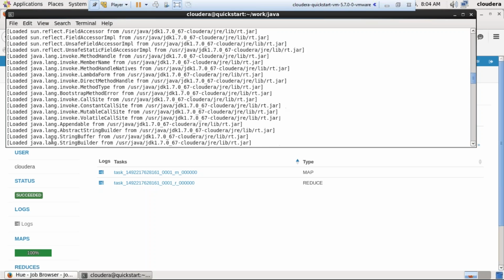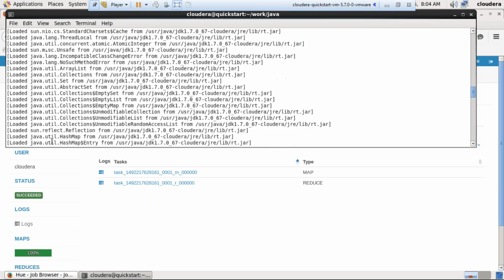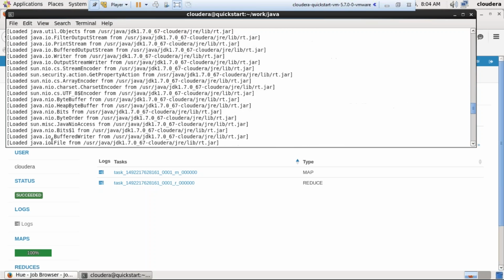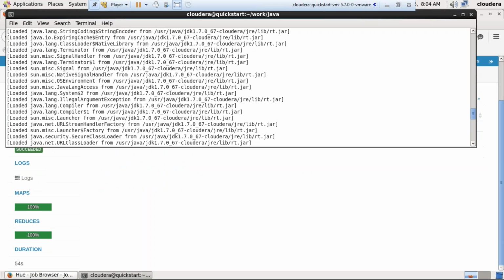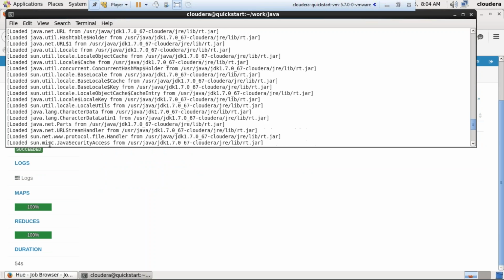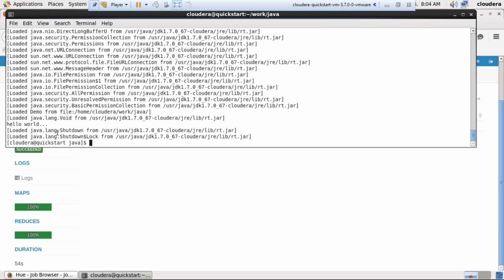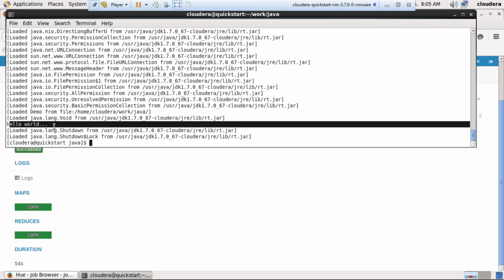And finally, your actual class is being loaded. What is the actual class here? The actual class is your demo class. That is the one that needs to be loaded. After loading the demo class, your hello world is the output that you got here.